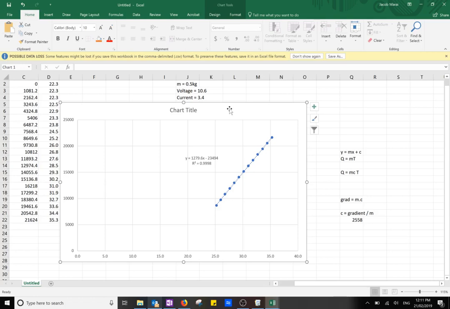You still have to determine the gradient by drawing in your rise and run and showing your calculation this way. You can still use Excel. You can provide the printed graph, but you still have to show your working out by hand drawing. So just treat this as a useful tool to help you confirm your understanding.